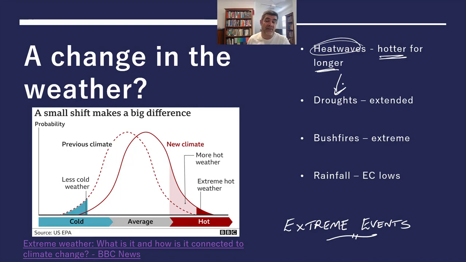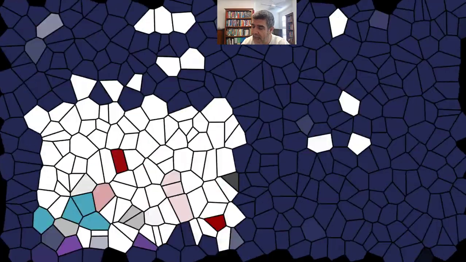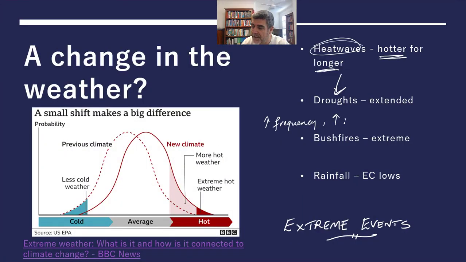We certainly have seen some quite severe droughts in this country, also going on for extended duration. So the droughts are increasing. When we're looking at some of these changes in the weather, think about an increase in the frequency or an increase in the severity. Either of these is a concern.